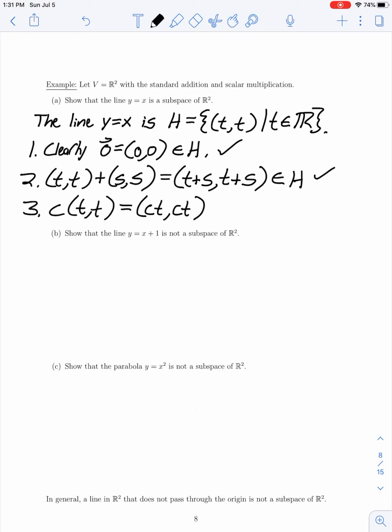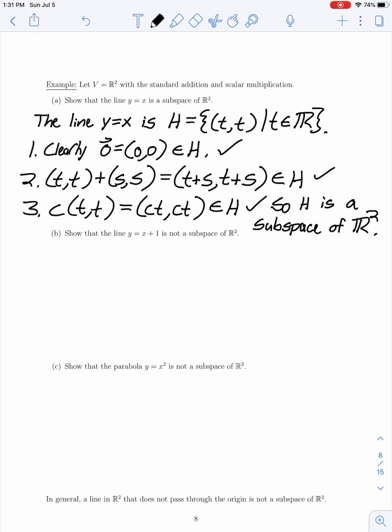And we see that the components of this vector are identical, so this scalar multiple is still in H. So here we have shown that this subset H is a subspace of R2, the real plane.